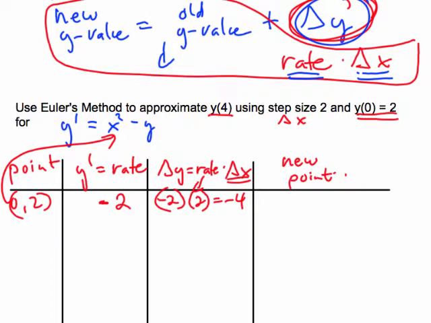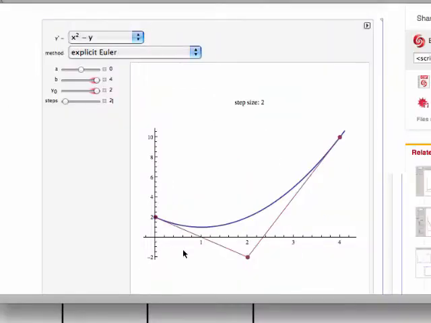And that's going to make my new point. My x value is going up by 2 every time, and my y value is going up by negative 4, or down in this case. So I land at (2, -2), which, remember, was our first point along the way to our final approximation. (2, -2) right there.